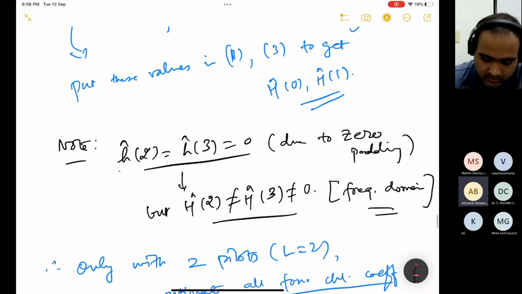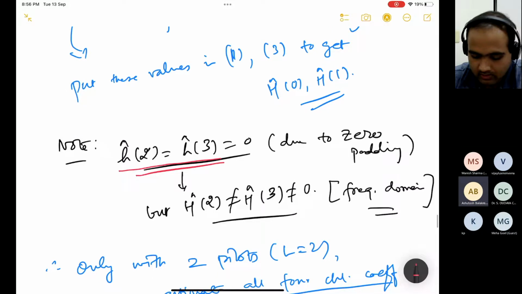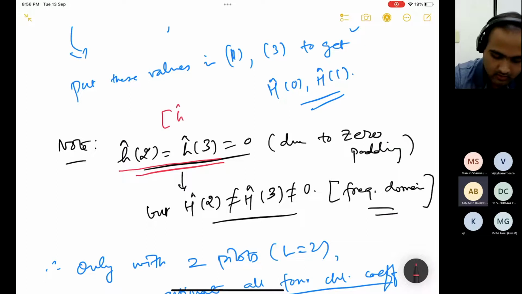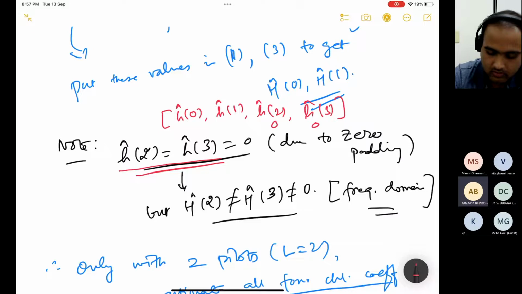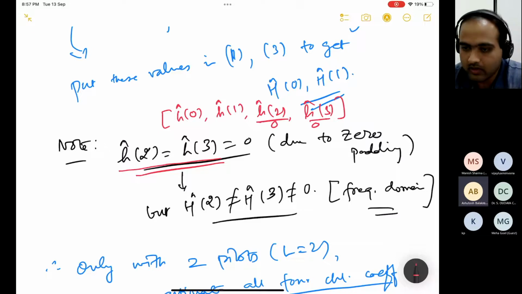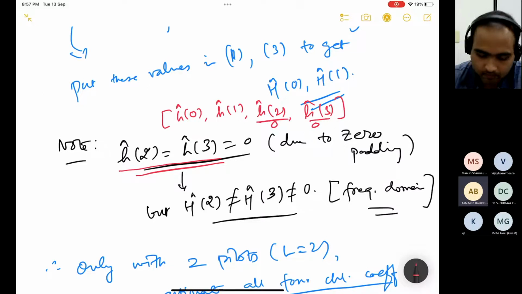Just note that h hat 2 and h hat 3 are 0, right? Why? This is because of zero padding. If you remember what we had, h hat 0, h hat 1, h hat 2, and h hat 3, and this was 0, this was also 0, right? We had to do zero padding so that the FFT or the DFT can be computed.